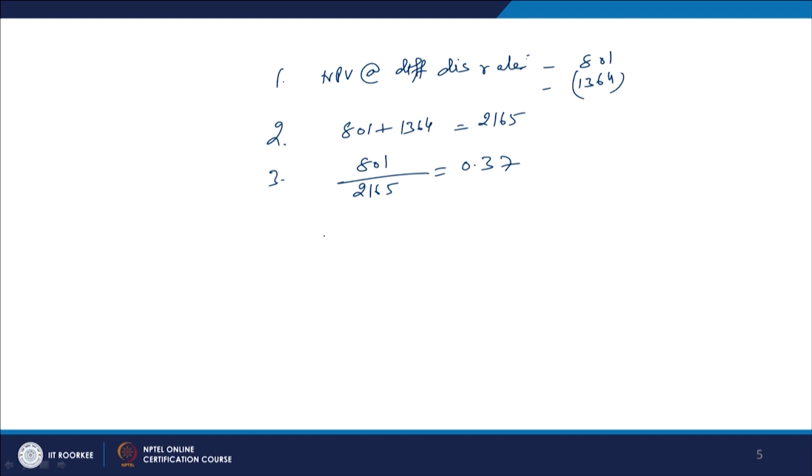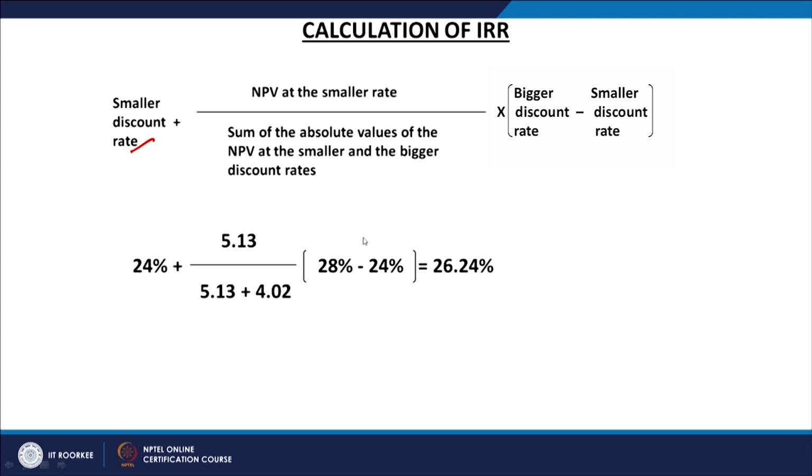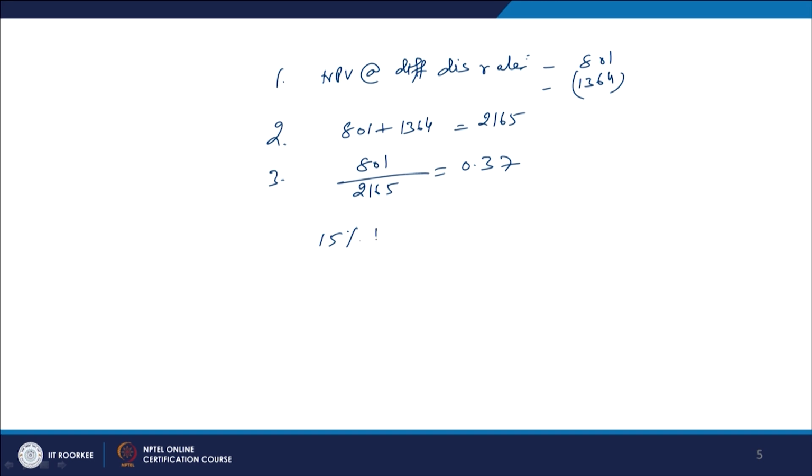The formula was the smaller discount rate where the NPV is positive, which is 15% in this case, plus this ratio, 801 divided by 2165, which became 0.37.